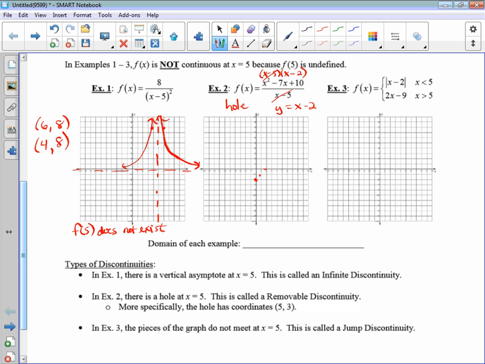If I was to try to find the coordinates for this point, plug a 5 into what's left to get the actual coordinate. 3. Yes. So 5, 3. On your graph, you just need to go over to 5, up to 3, draw a hole, draw your line on either side of it, and you're good.